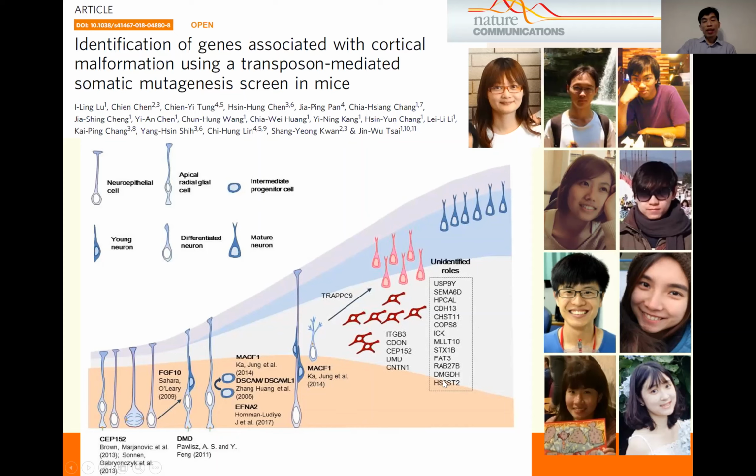So I think we can study, one by one, the function of each gene during this process. I think this paper really provides a very powerful tool to identify new genes in cortical development.